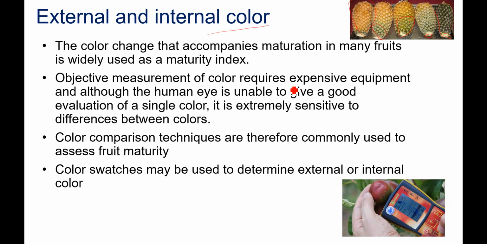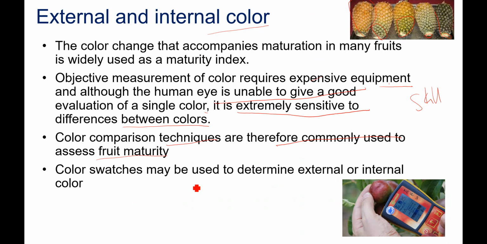Objective measurement of color, external or internal, requires expensive equipment. Although the human eye is unable to give a very good evaluation of a single color, and that comes with skill, it is extremely sensitive in differentiating between colors. So color comparison techniques are commonly used to assess fruit maturity.